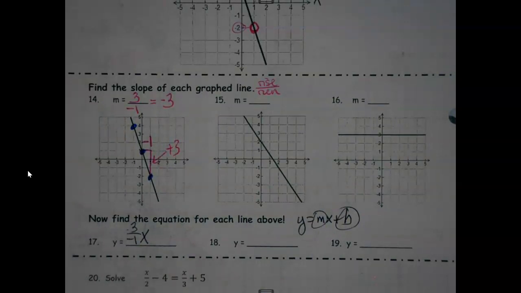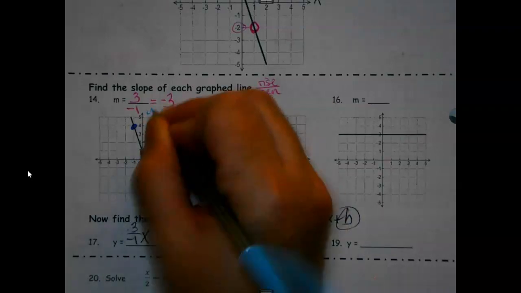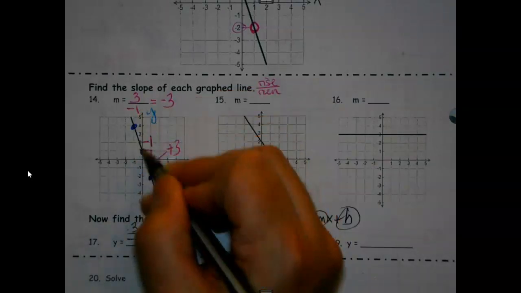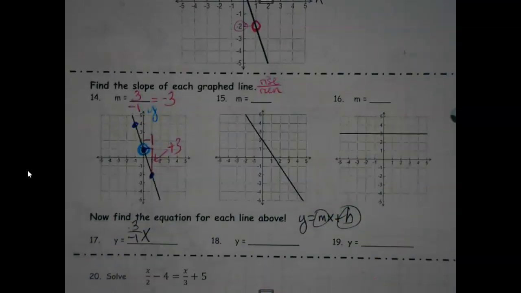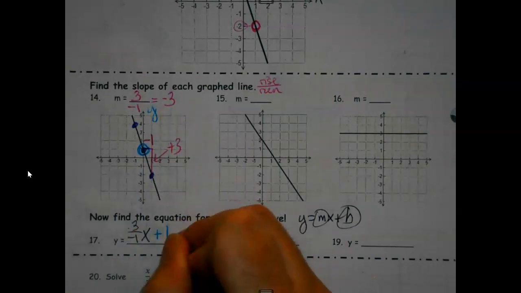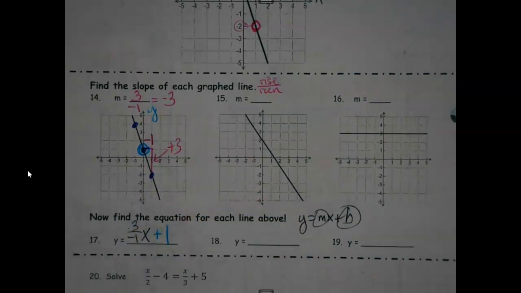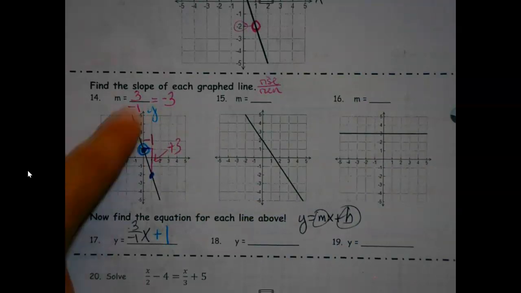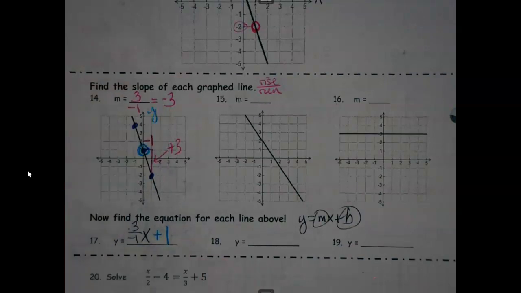My y-intercept, I go, there's my y-intercept. I'm at 1. I'm done. No other math. Where does my line cross the y-axis? What's my slope?